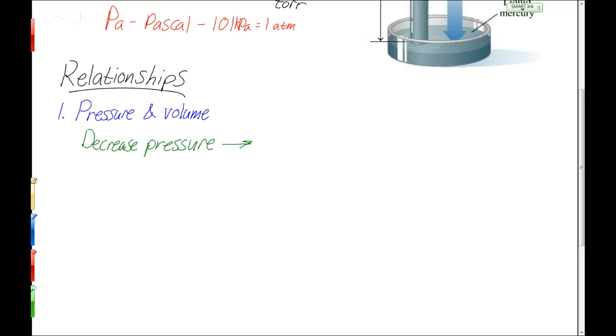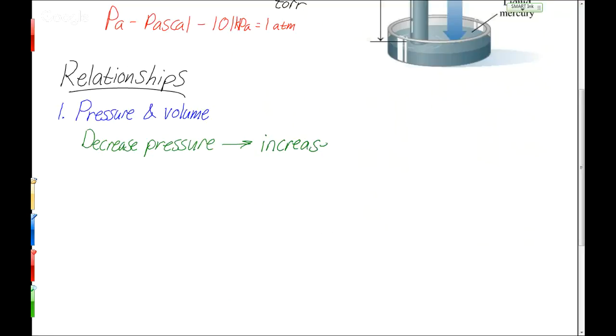What happens to the balloon when the pressure is decreased? Yeah, it gets bigger. Doesn't that happen with the cold and the heat or something like that? That's with temperature. We're going to get to that one next. So if you decrease pressure, you increase the volume.